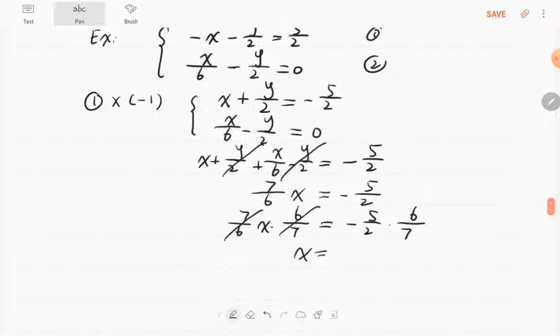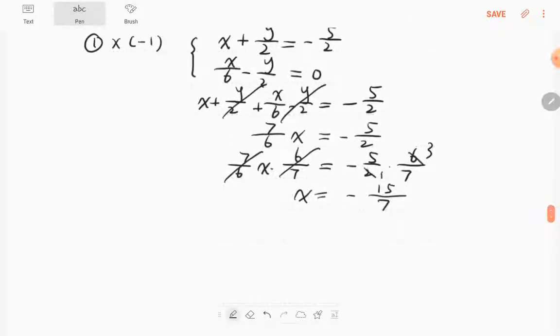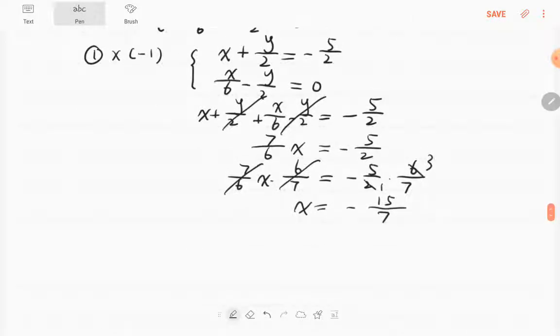So we will get, we solve for x. Okay? We solve for x. Of course, after we solve for x, we only need to put the x back to the original one.